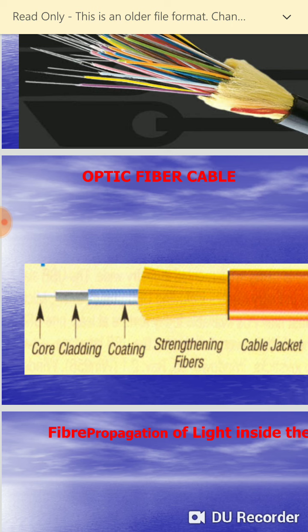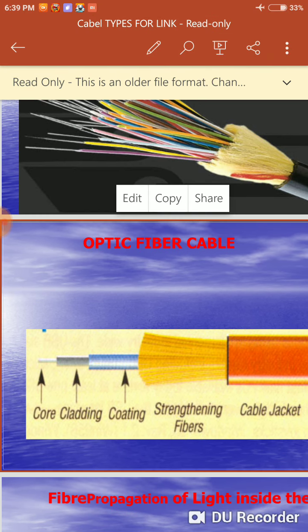Then the primary coating is surrounded by strengthening material, which is used to strengthen the physical structure of the optical fiber cable, because the basic function of the optical fiber cable is to protect the optical fiber in any external situations.